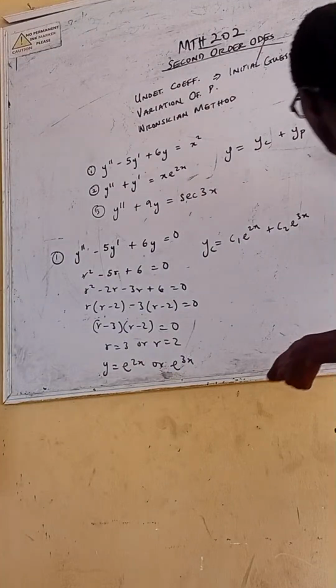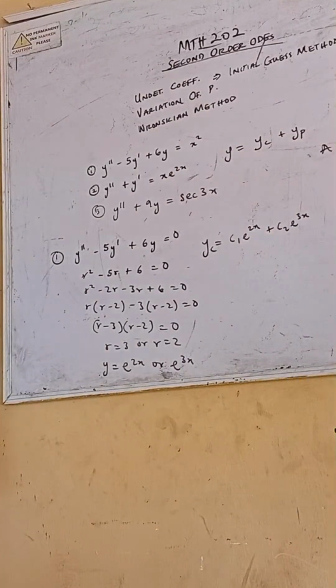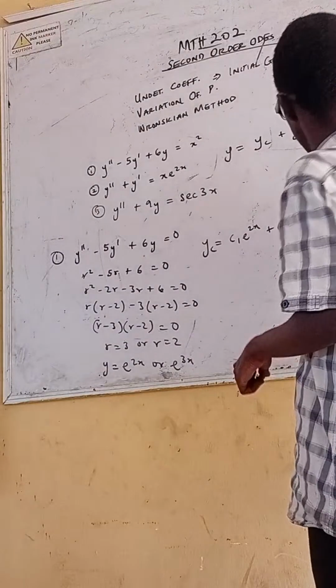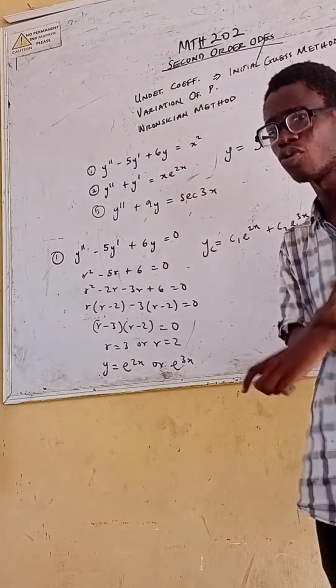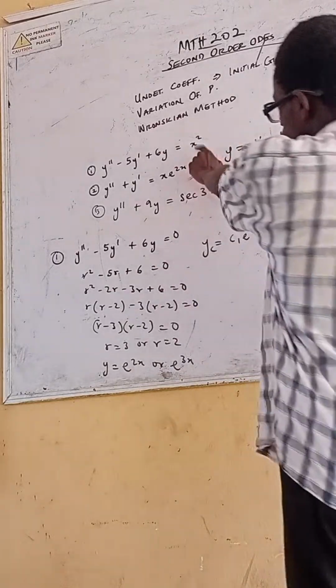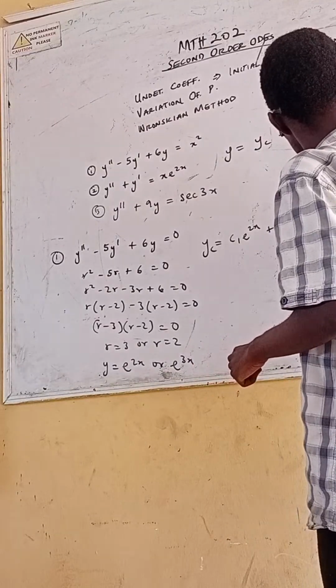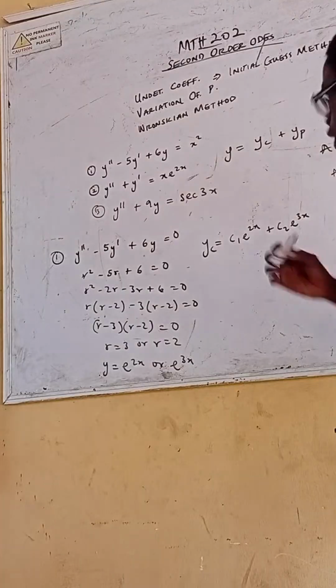If it is equal to x, you are going to add a to this: ax plus b. Turn it into a total polynomial. Like this one that is x squared, we now turn it to ax squared plus bx plus c. These are y particular.